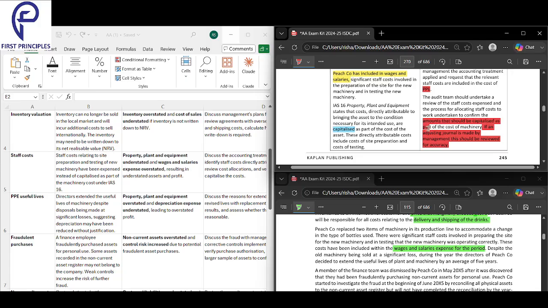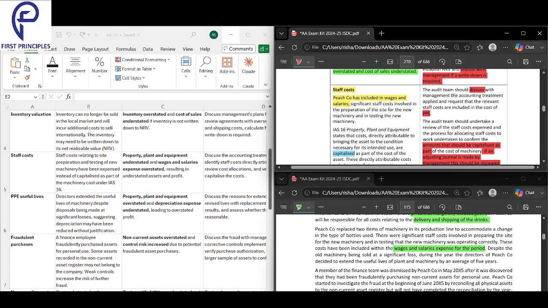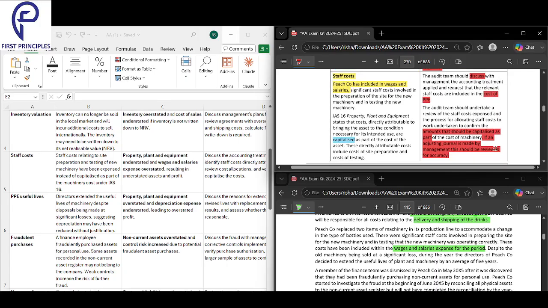First, the audit team should discuss with the management the accounting treatment applied and request that the relevant costs are included in the cost of PPE.